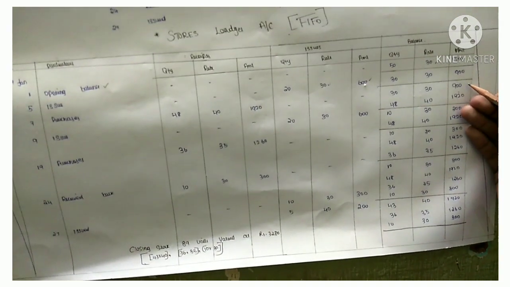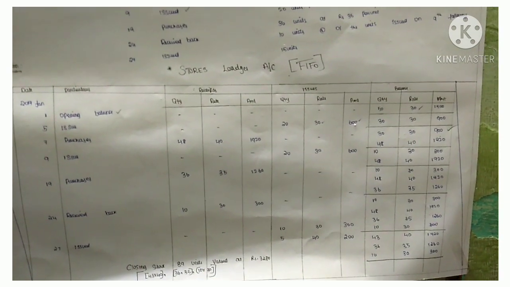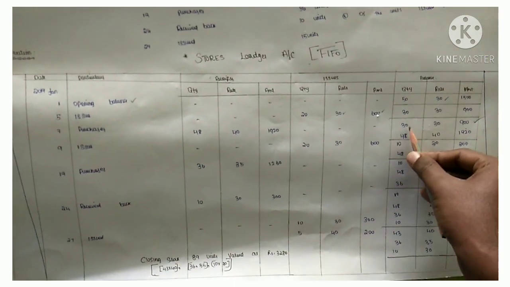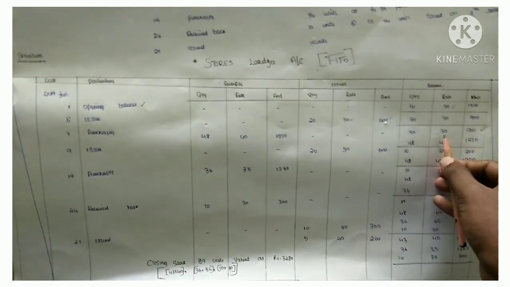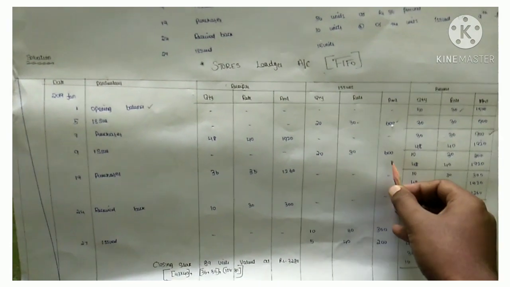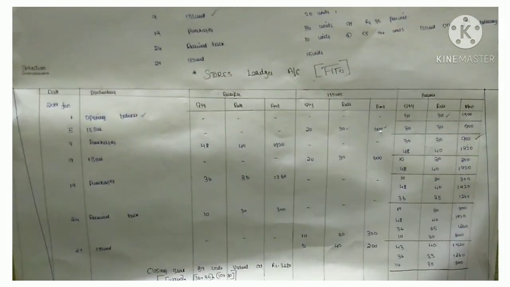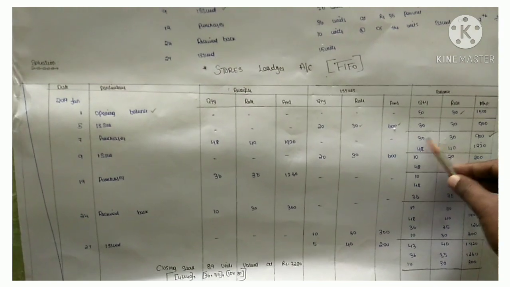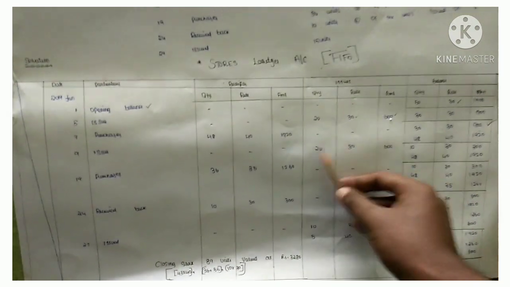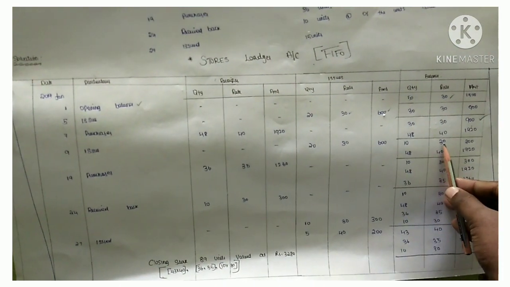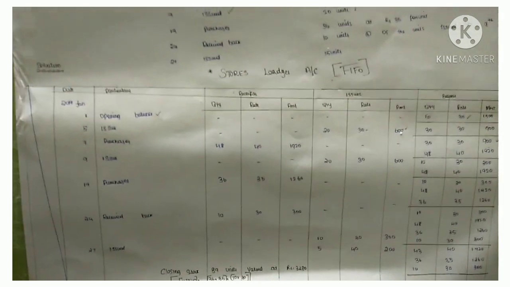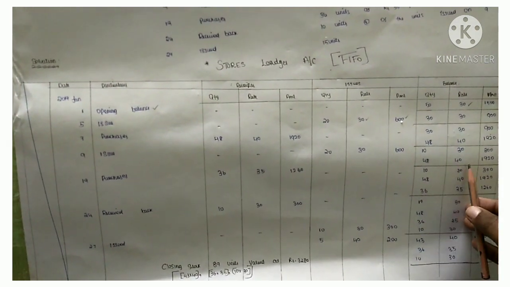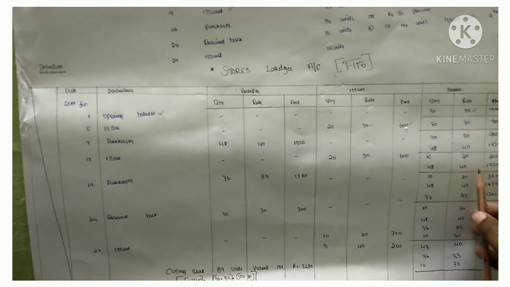They must issue the first ones because this is the first in first out method. 20 units issued at the rate of 30. 20 into 30 is equal to 600, the amount. Subtract 30 minus 20 is equal to 10, at the rate of 30, total 300. And 48 at 40, 1920 follows.